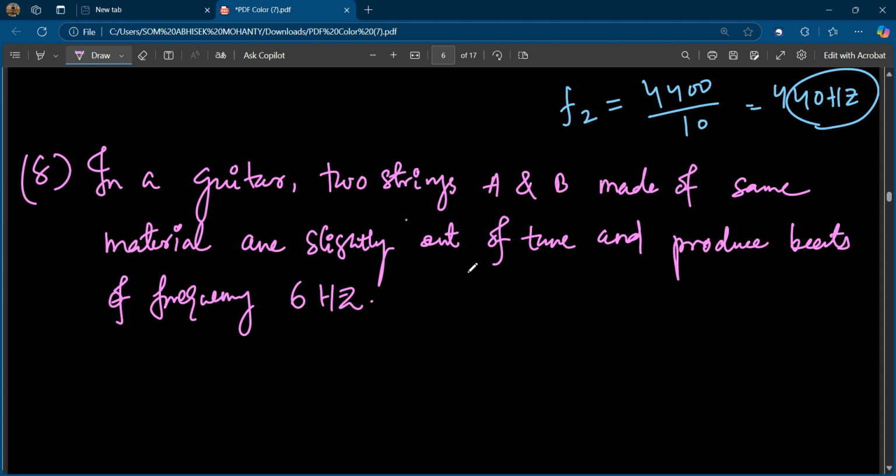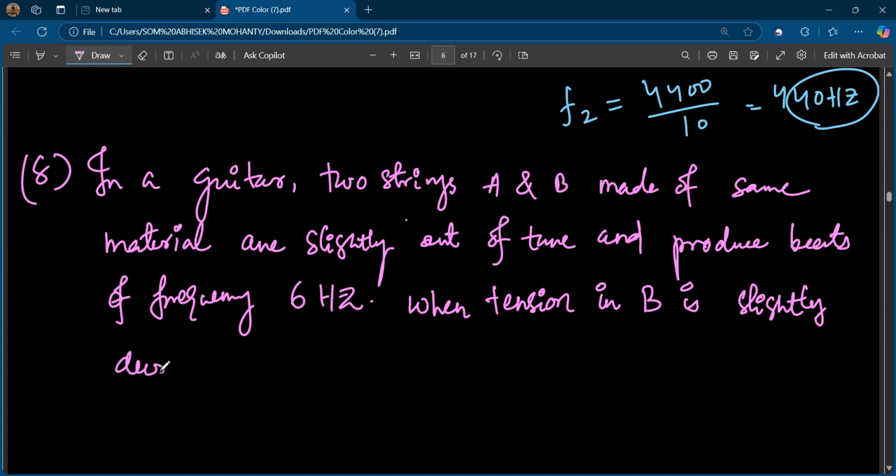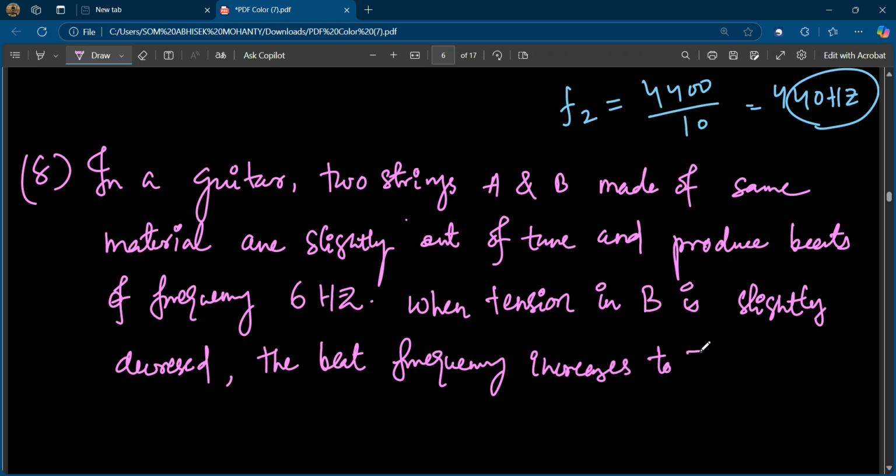When tension in B is slightly decreased, the beat frequency increases to 7 hertz.